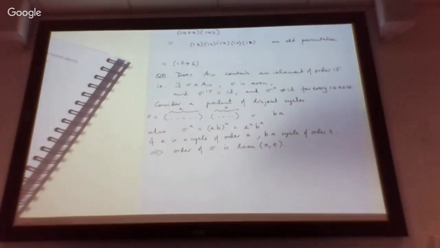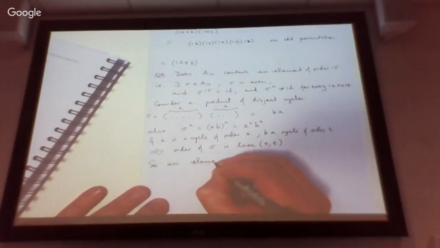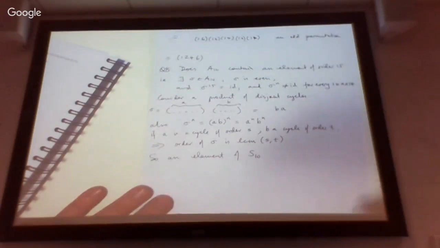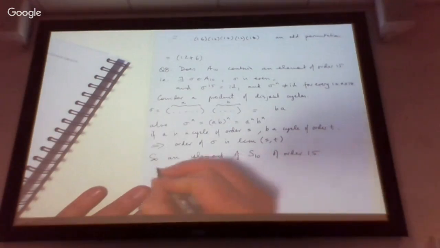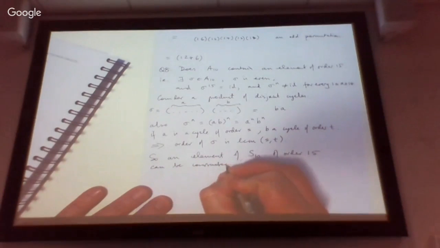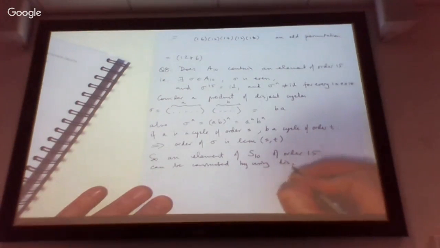So we can get an element of Sn, we'll worry about whether it's in An in a second, an element of Sn of order 15 can be constructed by using two disjoint cycles.